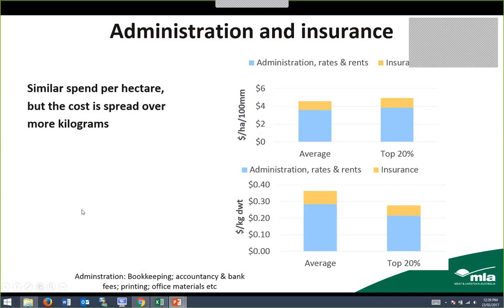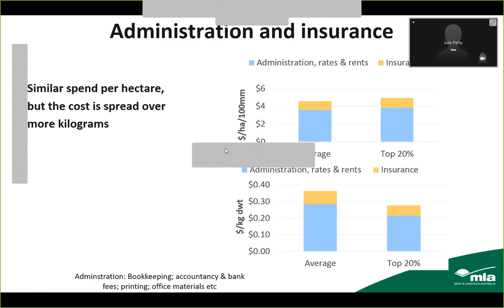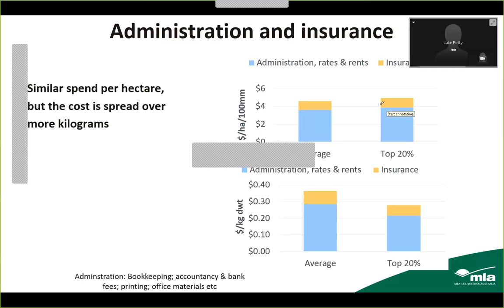Administration and insurance, look, the same thing seems to be coming up here. Administration and expenses include bookkeeping, accountancy, bank fees, printing, office materials, etc. The key point I want to make here is in both cases, again, you've got this higher per hectare relative to these.